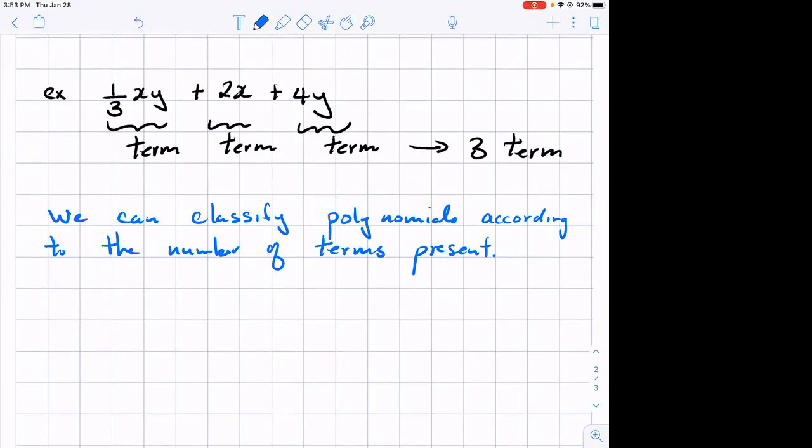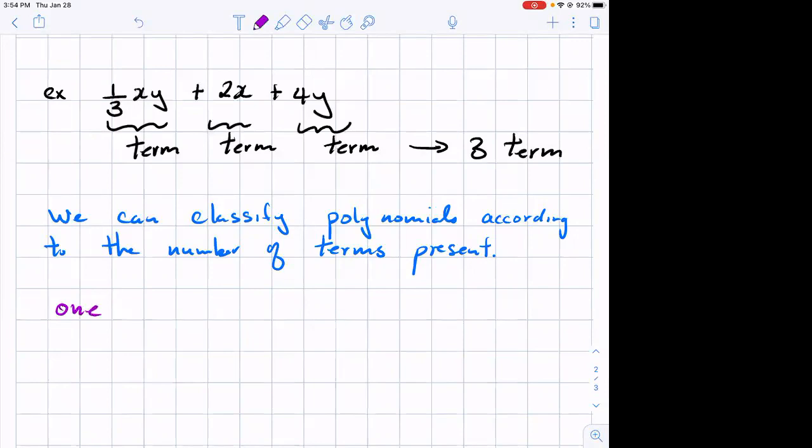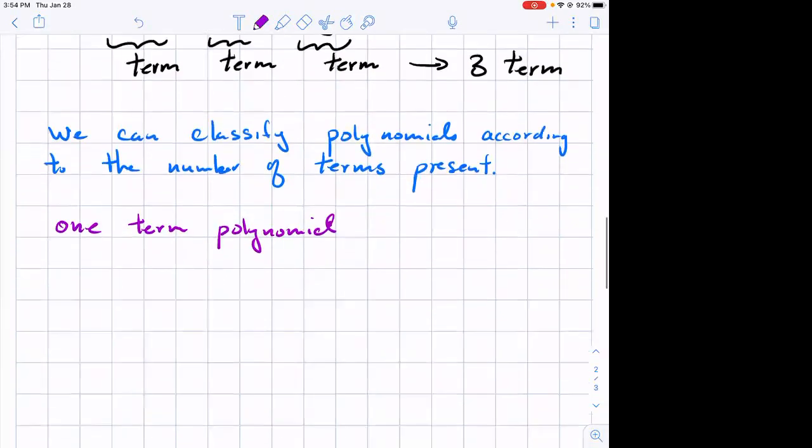If a polynomial has 2 terms, so we can classify them according to the terms present. A one-term polynomial, okay? So if we have a one-term polynomial, an example of this will be 2 or minus 3 or 4x or 1/2 a. These are all one-term polynomials.